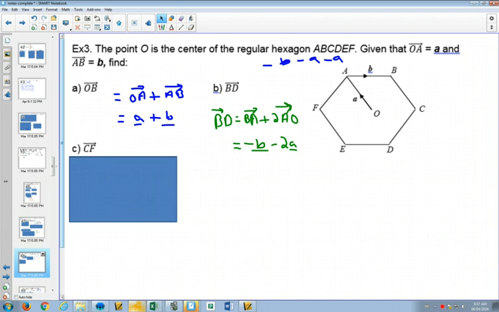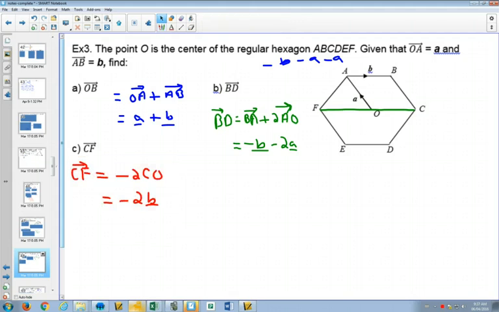If you wanted to go from C to F, starting at C, going to F, you can see that that's just negative 2B.